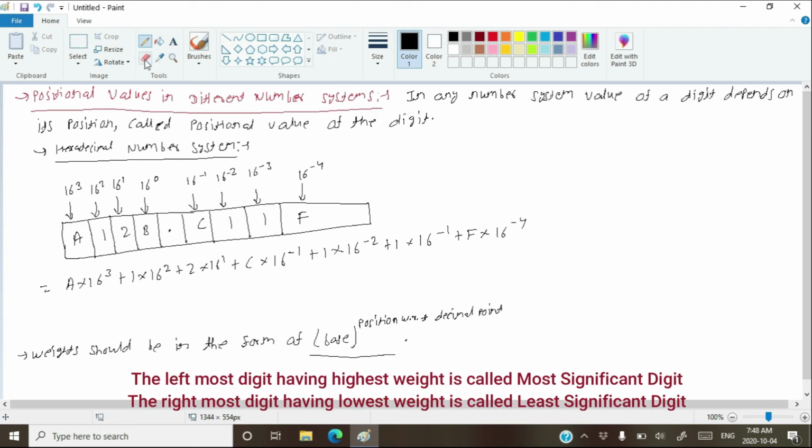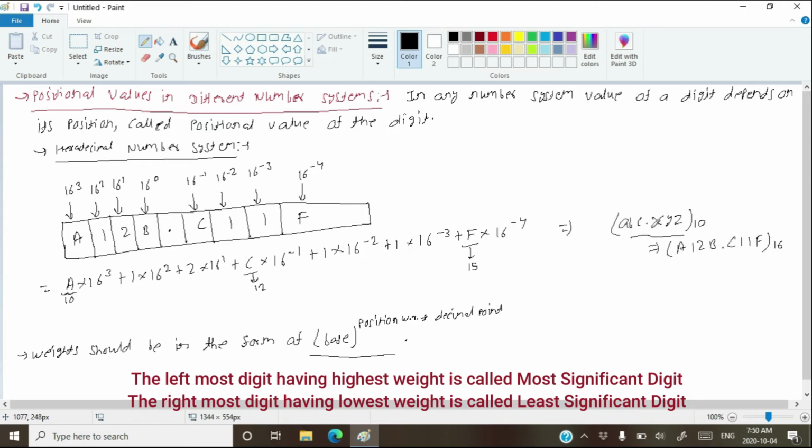So what you have to do here is treat A as 10, treat C as 12, treat F as 15, and that's how you can treat all the A, B, C, D, and E of hexadecimal, multiply them with the corresponding numbers to get the final decimal number.